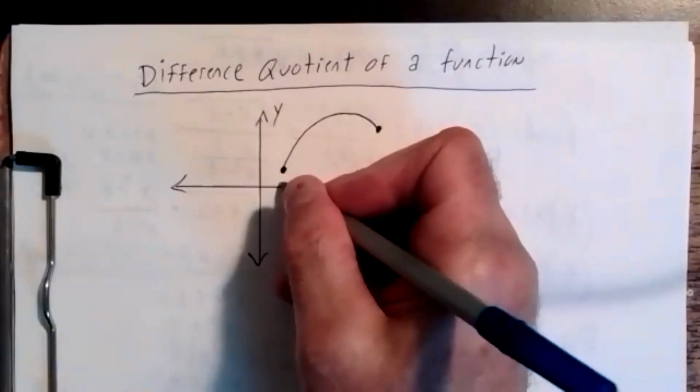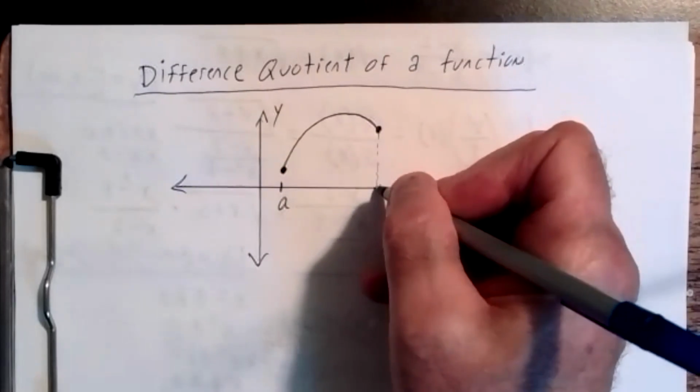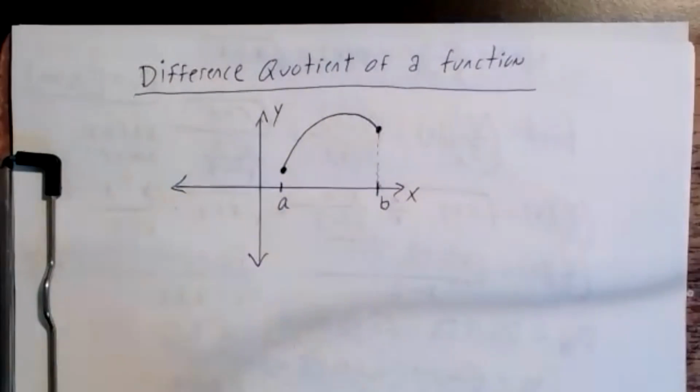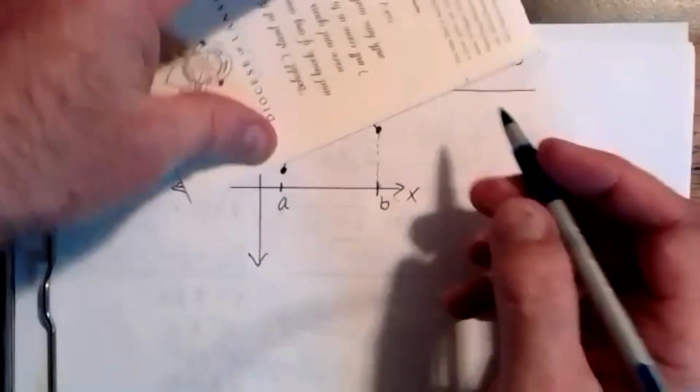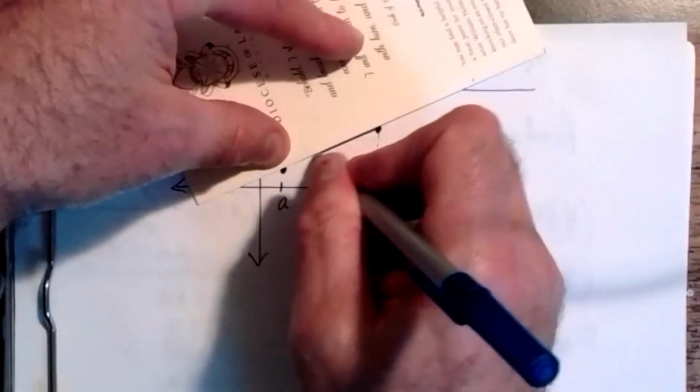And suppose the interval of interest is AB here on the x-axis. Suppose we want to compute the average rate of change of this function on the interval from A to B. Well, the average rate of change of this function on the interval from A to B is going to be the slope of this line segment there.